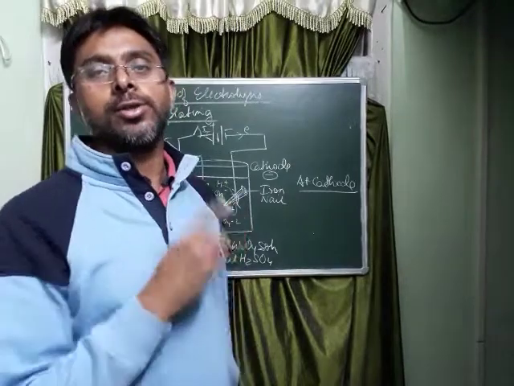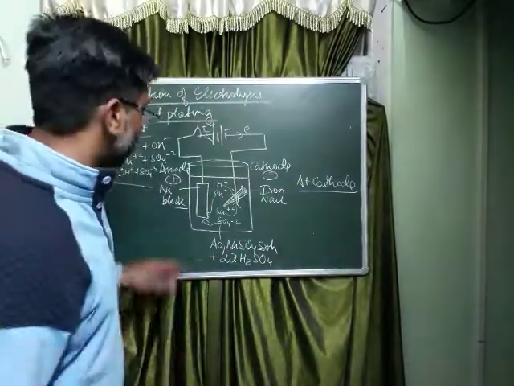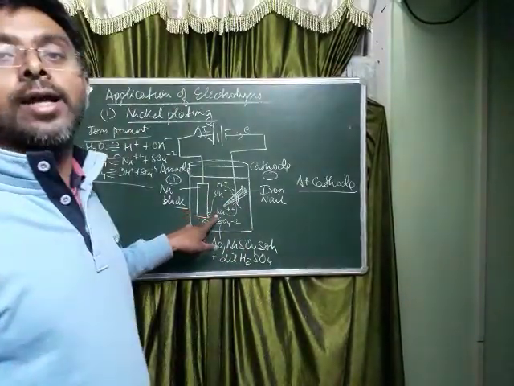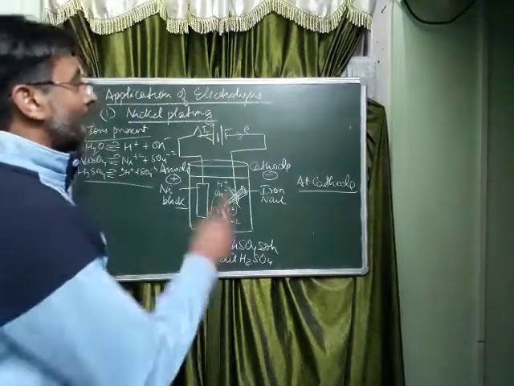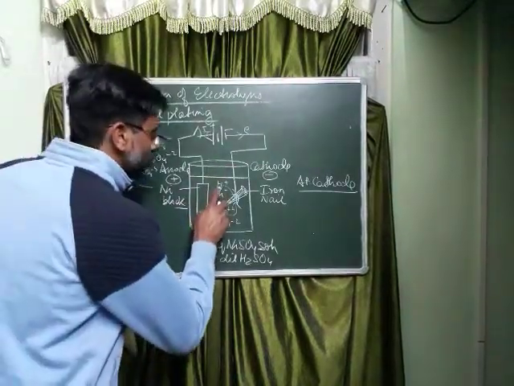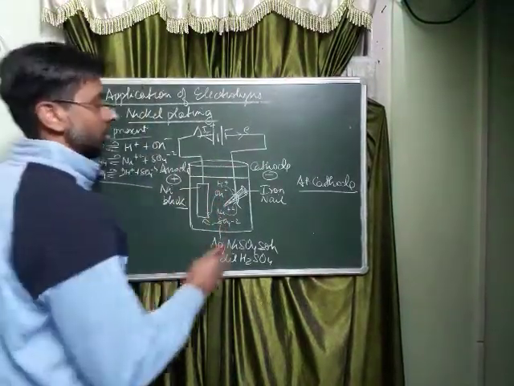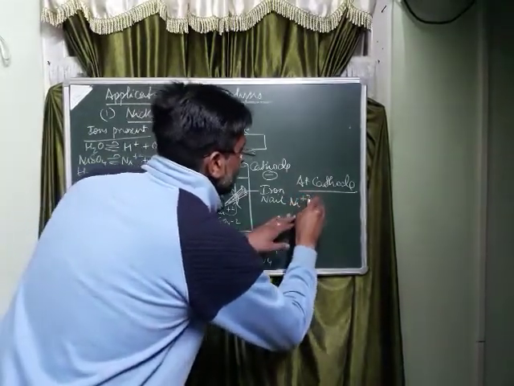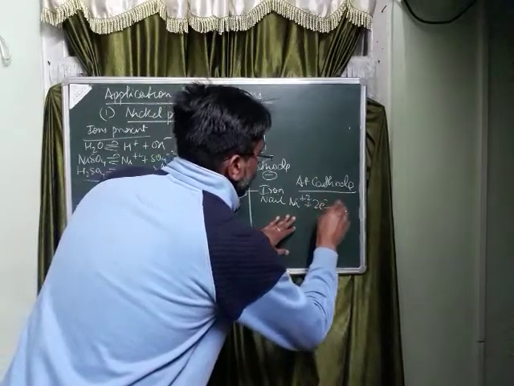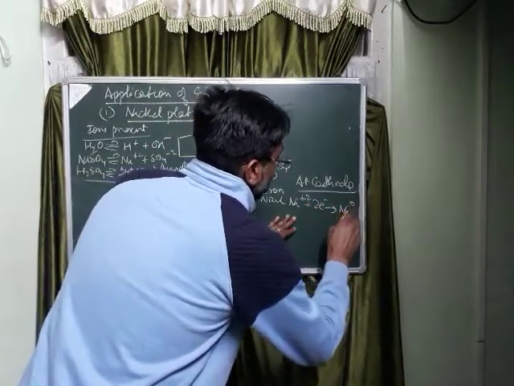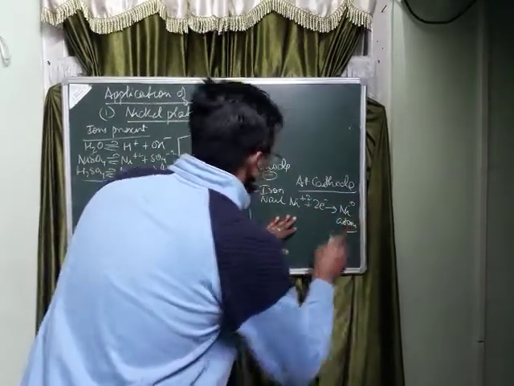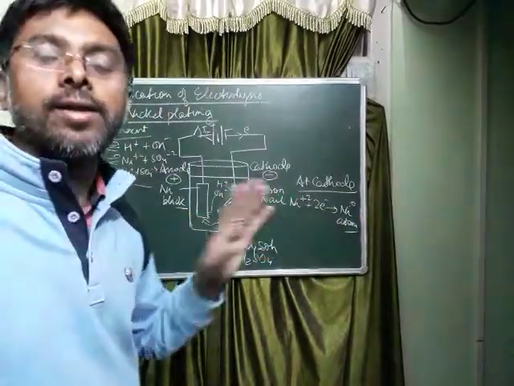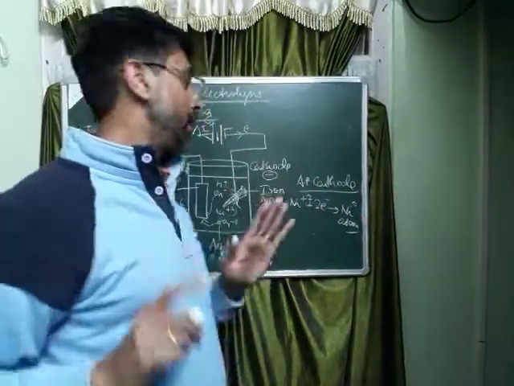But here it is a special case. Please remember, the position of nickel is lower than that of hydrogen. That is why at the cathode, instead of hydrogen, it is nickel which discharges. So the nickel ion gains 2 electrons and forms a nickel atom and deposits on the iron nail.